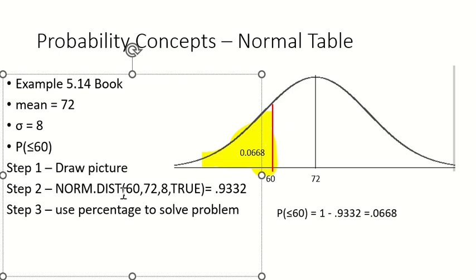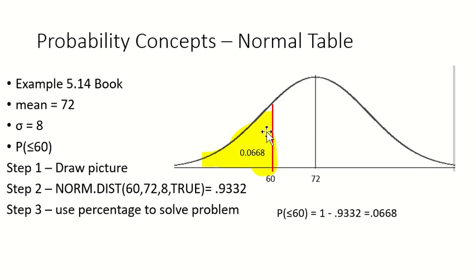When we punch in the values, it tells us not for this amount, but for the entire amount. One thing that we know about the normal distribution is that all of this has to equal 100%. So if I take 1 minus this amount that Excel just calculated, it tells me what's in the remaining tail over here is a little over 6.7%. That's the second way we can look at things.